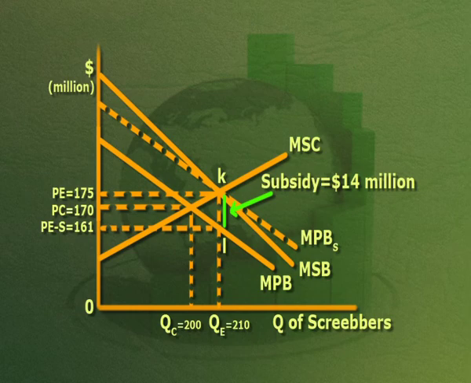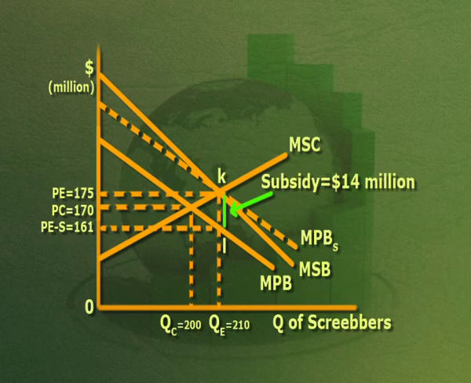If a subsidy S equal to the MEB at the efficient output level were provided to demanders, that is polluters, it is as if MPB shifts up to MPBs and more scrubbers would be traded. In this case, the Pigouvian subsidy would equal MEB, which is 56.0 minus 0.2 times 210, which equals 14 million US dollars, as distance KL shown in the figure.